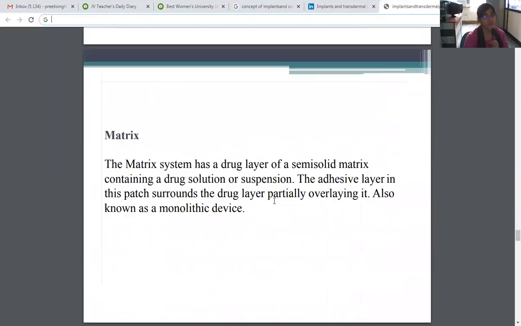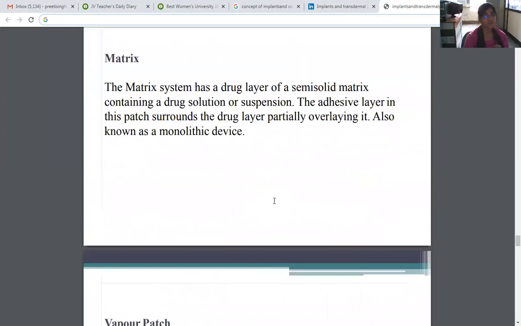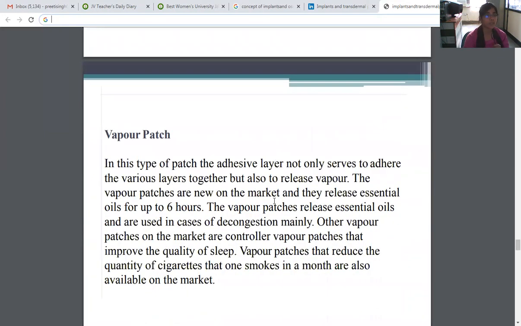The matrix system has a drug layer of a semi-solid matrix containing a drug solution or suspension. The adhesive layer in this patch surrounds the drug layer, partially overlaying it, also known as monolithic devices. Now the vapor patch. In this type of patch, the adhesive layer not only serves to adhere the various layers together, but also to release vapor.